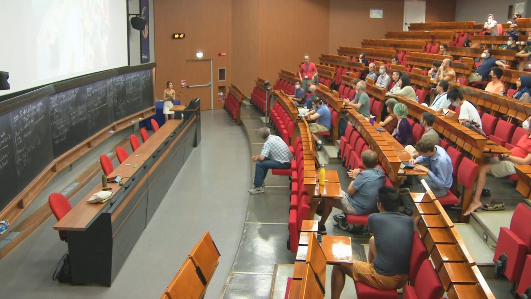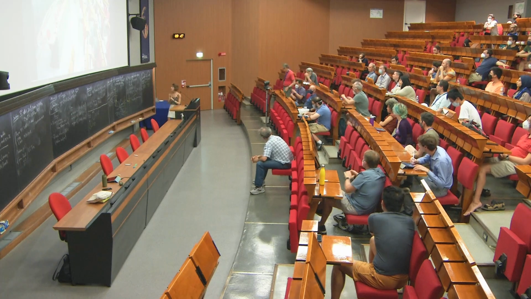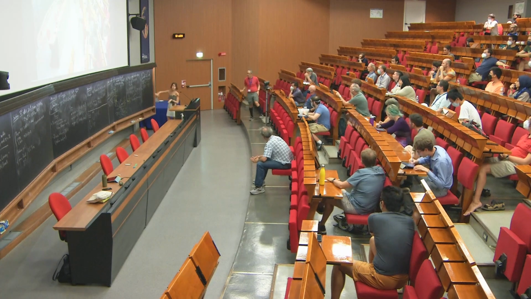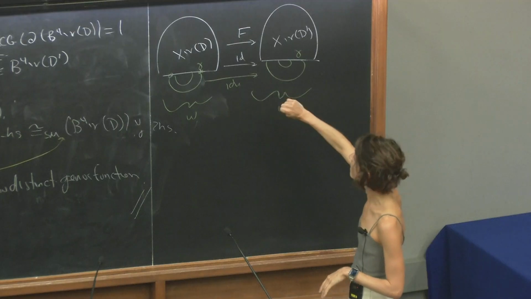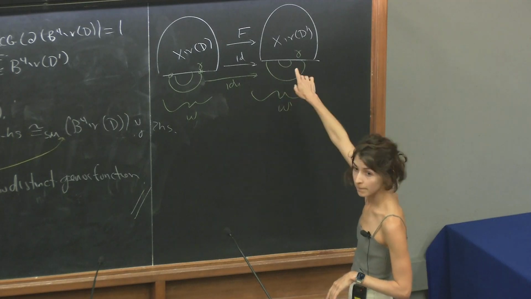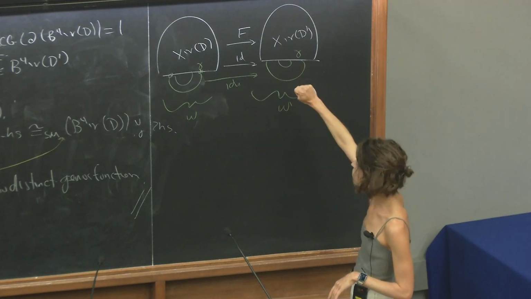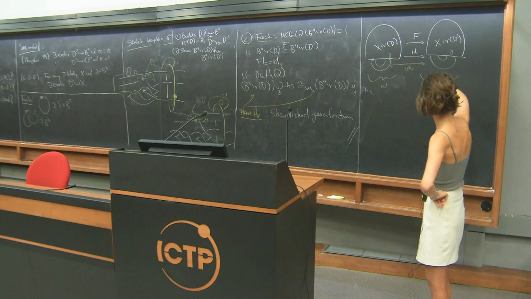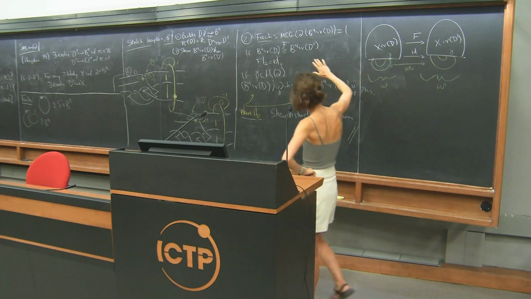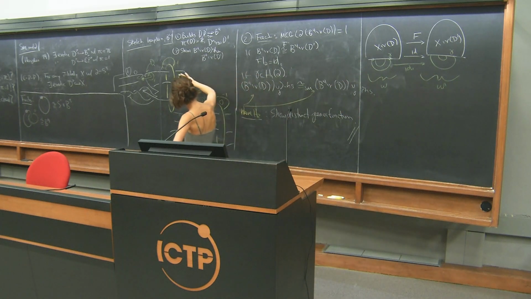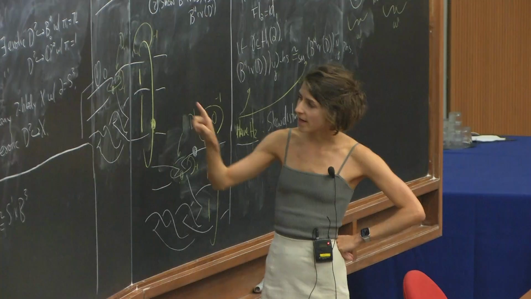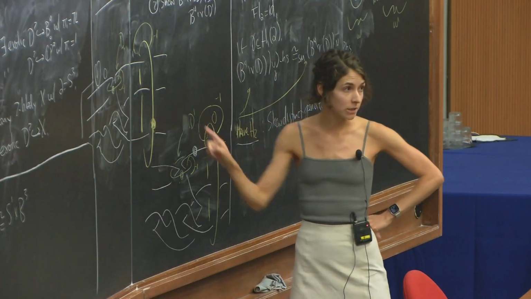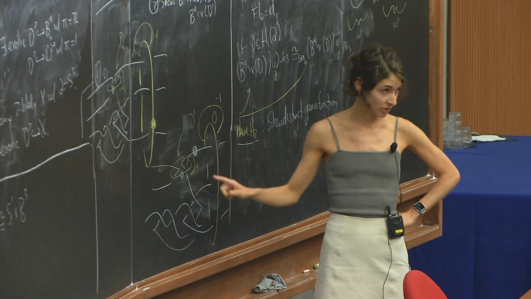Yeah. I'm a little confused. Can you explain a little better the picture? On the left and on the right, you have the two complements. Yeah. And so what do you mean by the identity on the boundary? Those are two different manifolds. Well, I mean, I have surgery diagrams of both disk complements, which are literally the same as surgery diagrams.